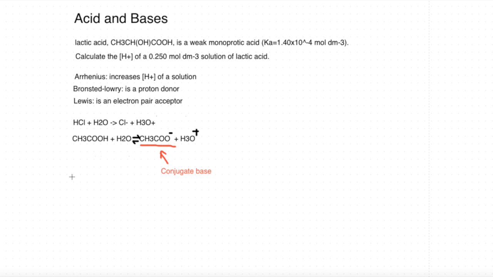And this should be displayed as the amount of products over the amount of reactants, which should be written as the concentration of conjugate base multiplied by the concentration of proton, divided by the concentration of the acid multiplied by the concentration of water.